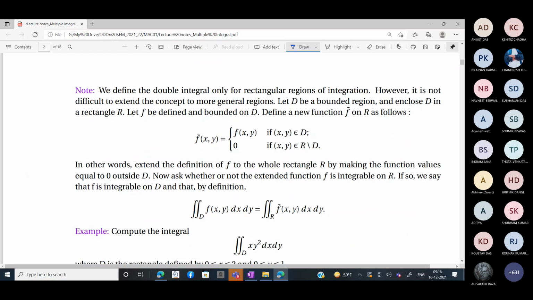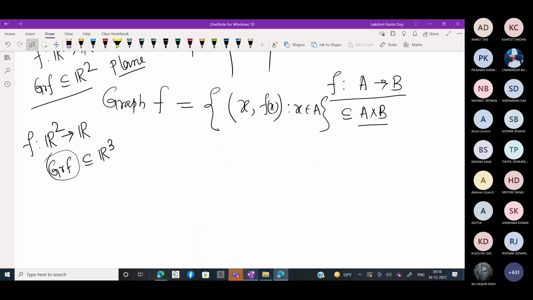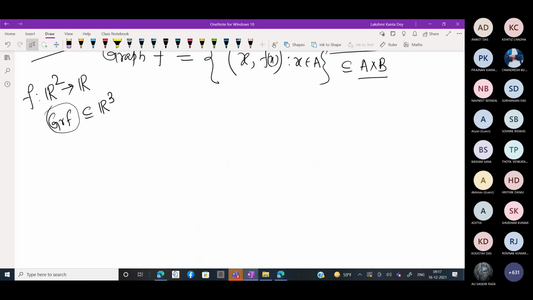So now I would like to generalize the concept a bit more. In order to understand, I would like to write it. Initially, we assume that the region of integration is a rectangle. And then I would like to do the concept whenever D is a subset of R2.